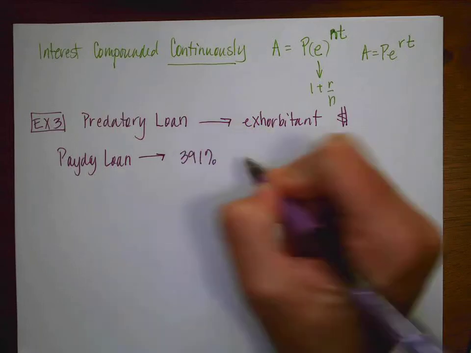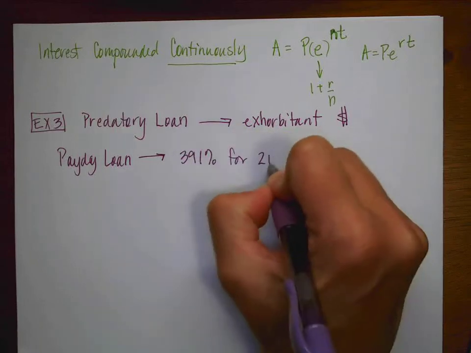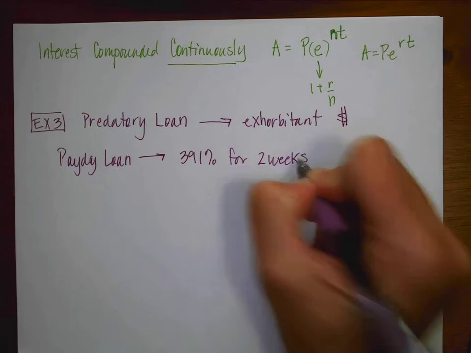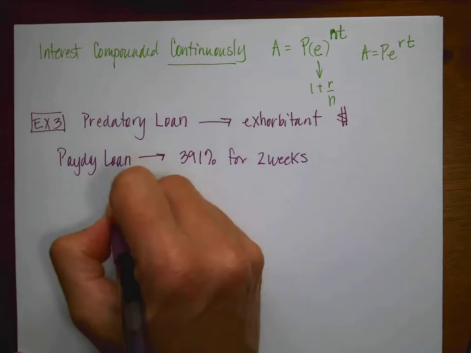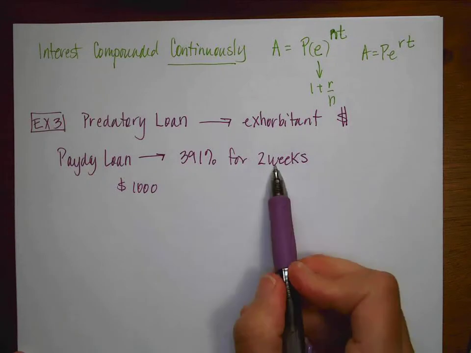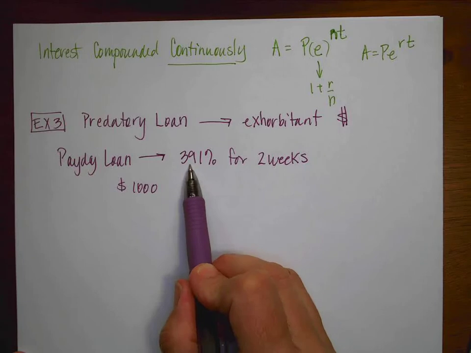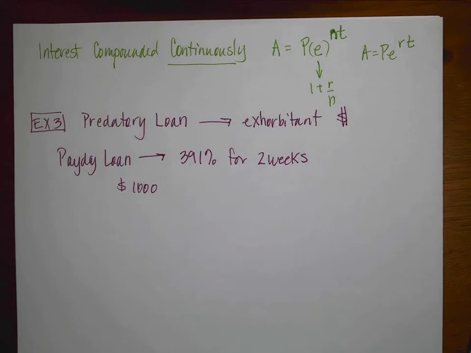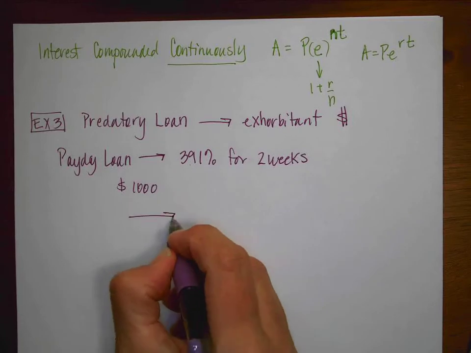They would charge you 391% for 2 weeks. And the commercials that you see on TV are often, we would give you $1,000 and we will loan it to you for 2 weeks. What they don't tell you, though, is that the interest rate is 391%.